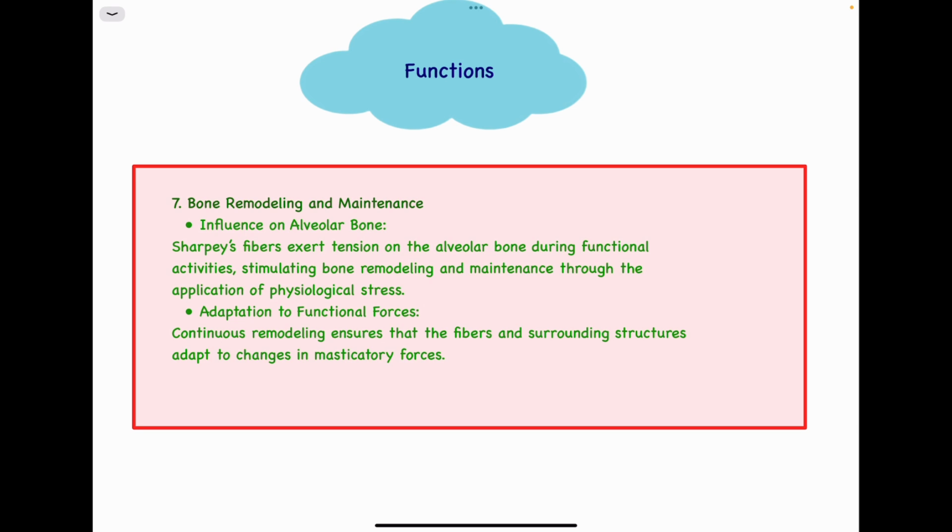In case of a physiological stress, these Sharpey's fibers exert small amounts of tension onto the alveolar bone. So whenever there is a functional load onto the surface of the tooth, via these Sharpey's fibers, the force is transmitted to the underlying bone. So this stimulates the bone remodeling under physiological stresses.